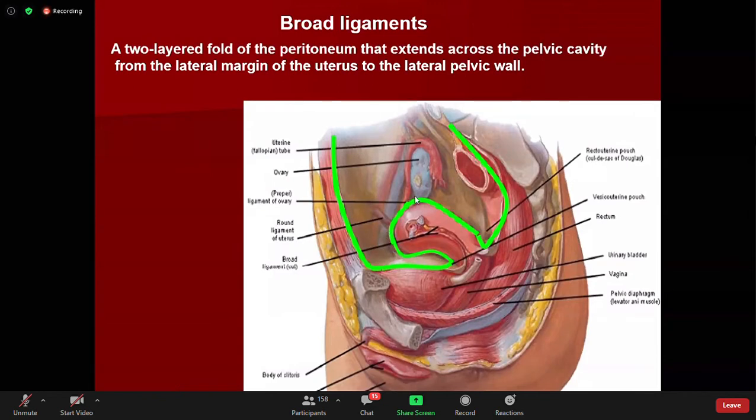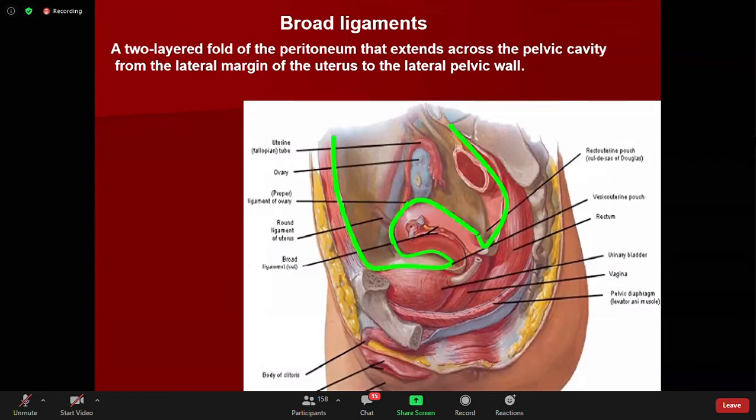Covering the uterus anteriorly, superiorly, posteriorly, and into the rectum. This is the broad ligament. So the peritoneum is coming from the anterior abdominal wall onto the bladder, and from the bladder onto the uterus, like this.